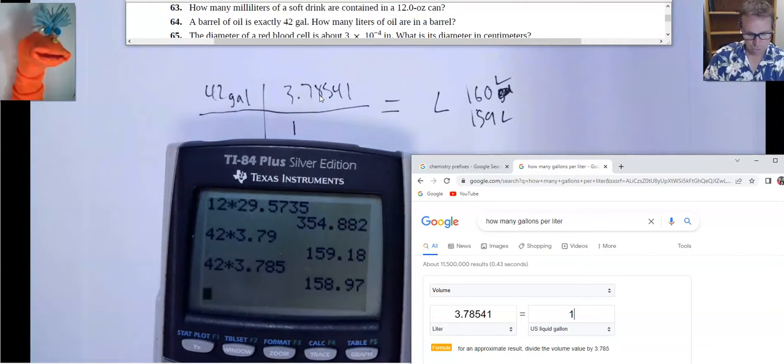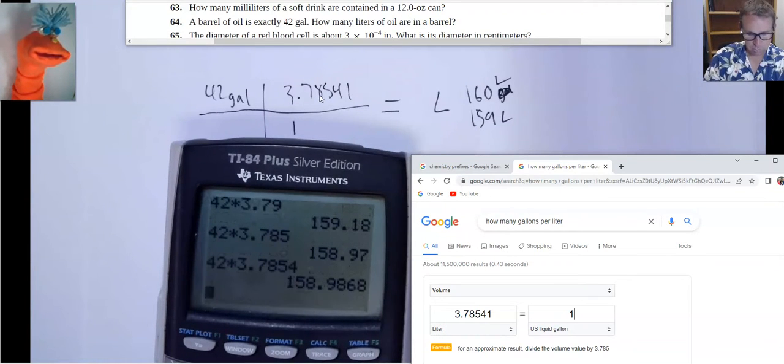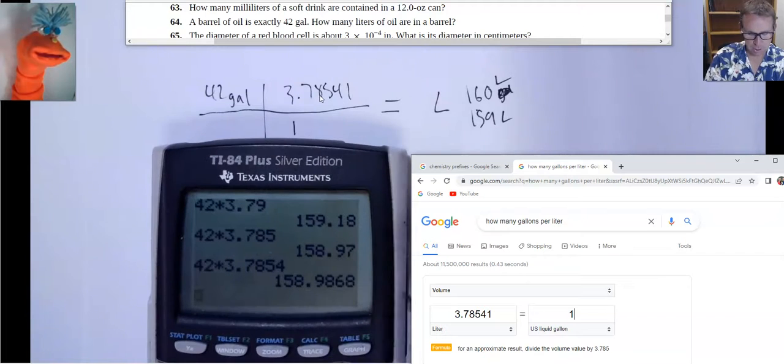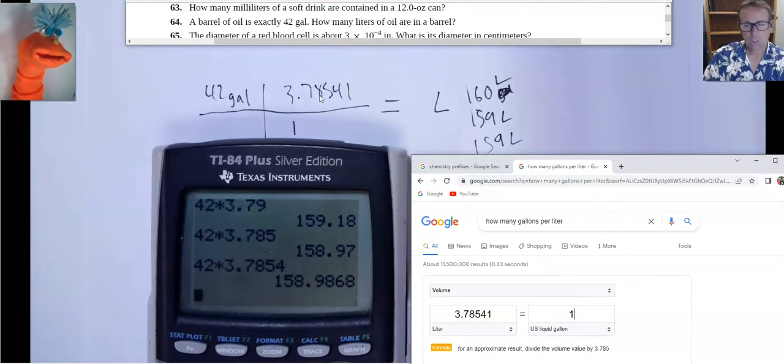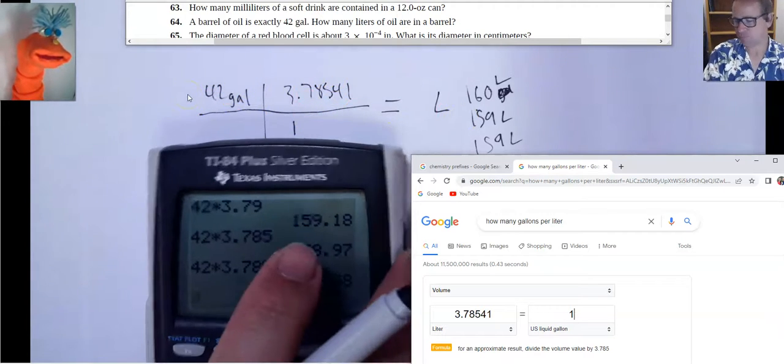And 42 times 3.7854, I get 159 again. So if you maintain 4 significant digits there, that'll ensure that you get the right number, 2 significant digits.